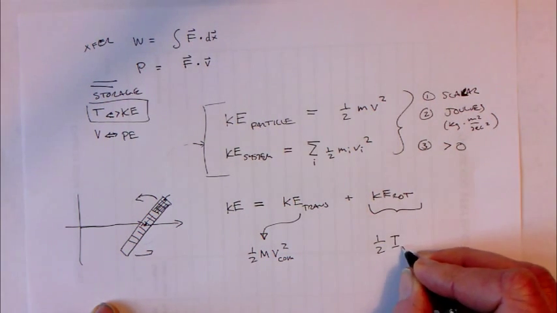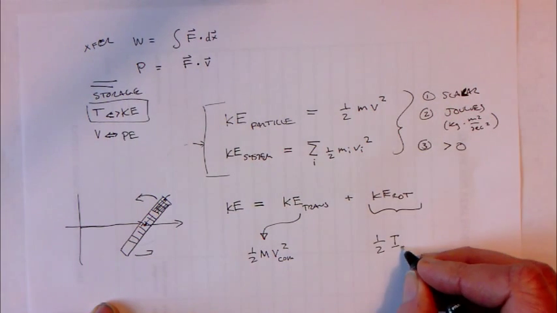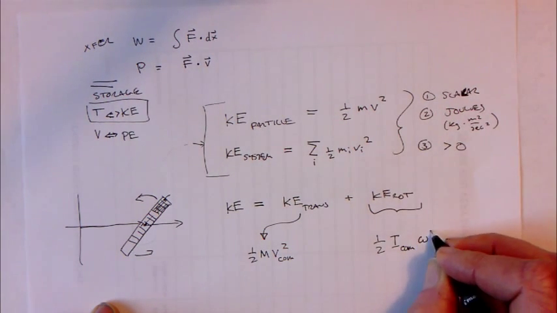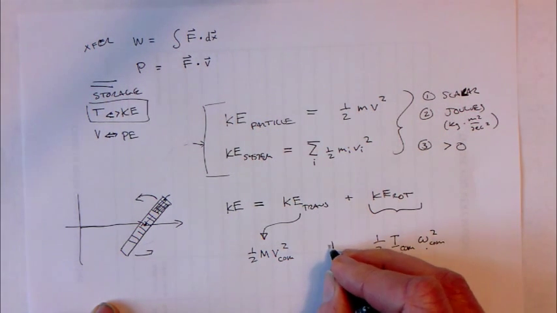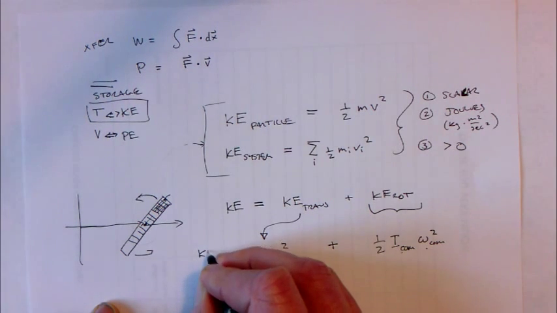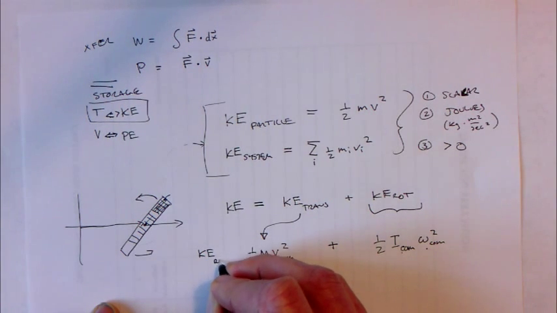That rotation gives me some additional kinetic energy, which is 1/2 the moment of inertia times the angular velocity about the center of mass squared. So these two things together tell me the kinetic energy for a rotating and translating object.